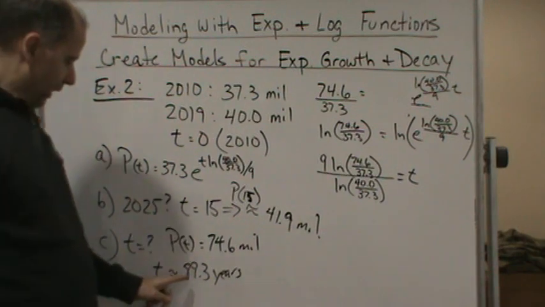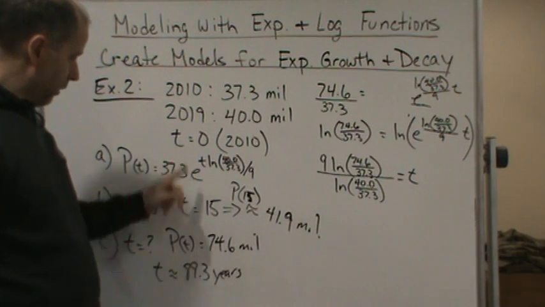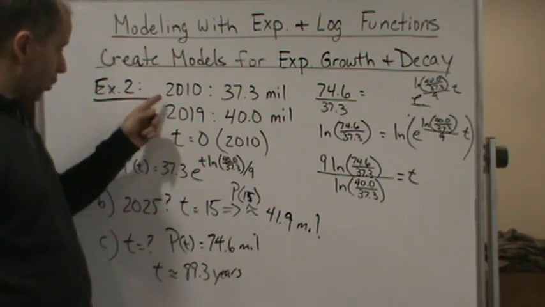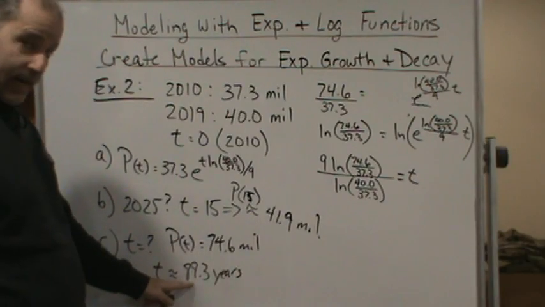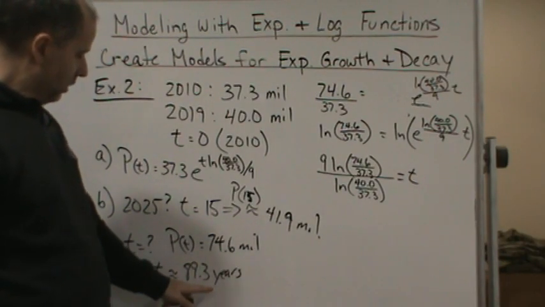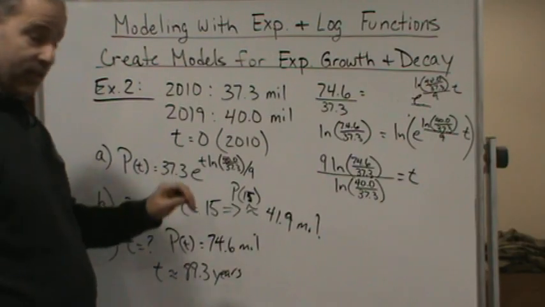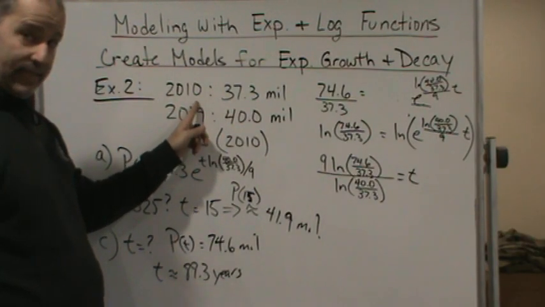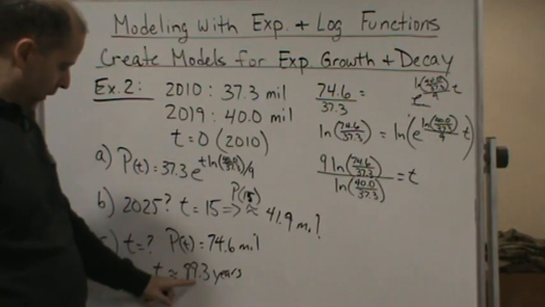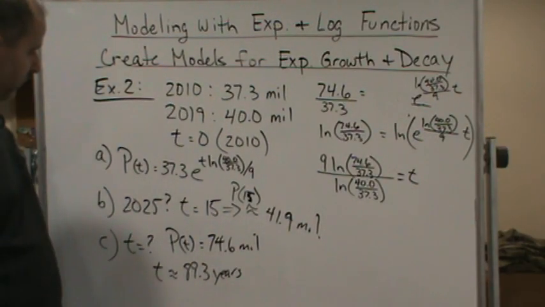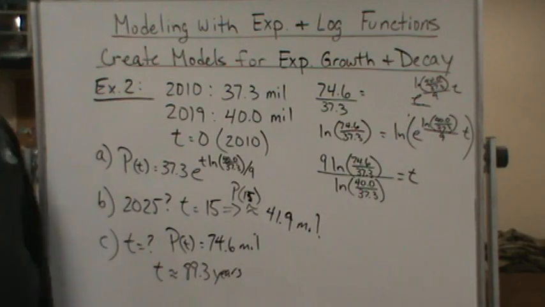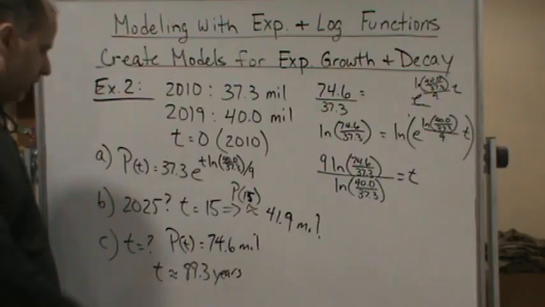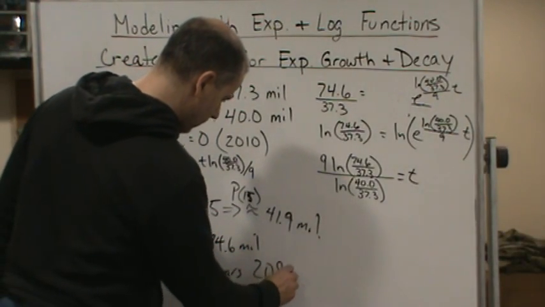If we take 89 years from 2010, that's 2099, but it's between 2099 and 2100, so it's in the 2099th year because of the fraction. So we know it is in the year 2099 that the population of California is predicted to double based on this model. So 2099 is the year.